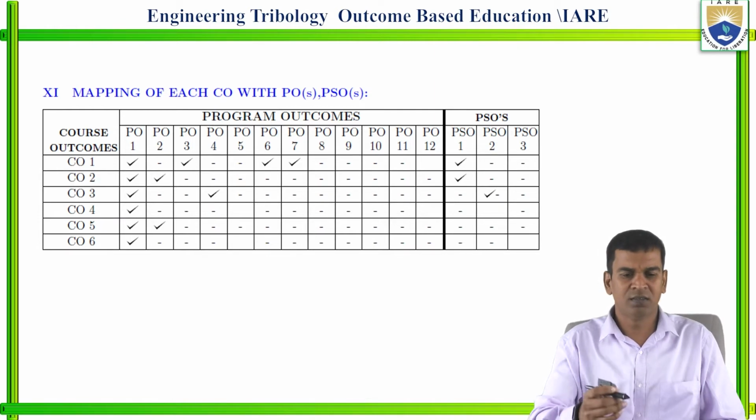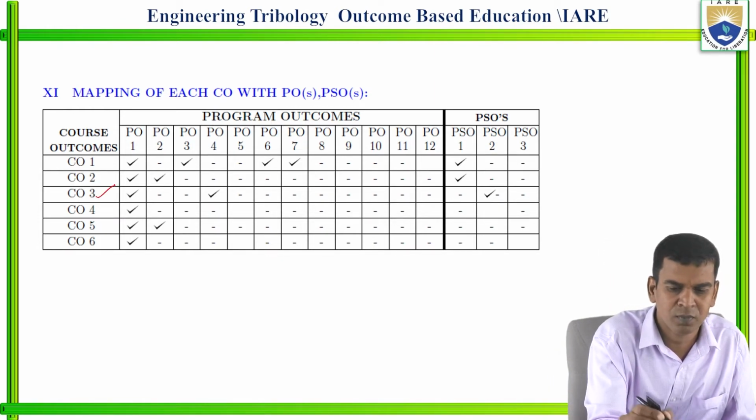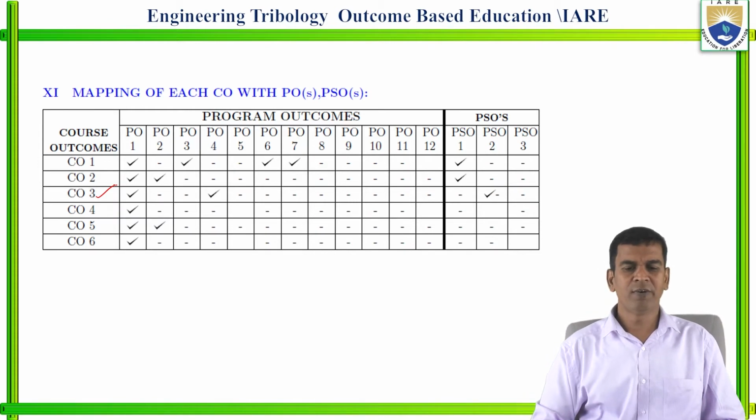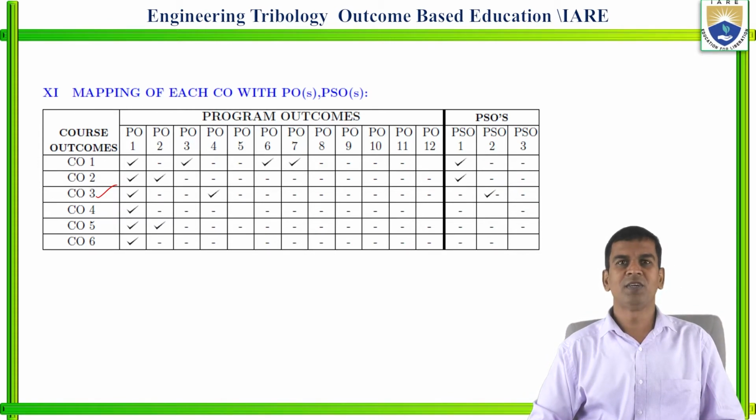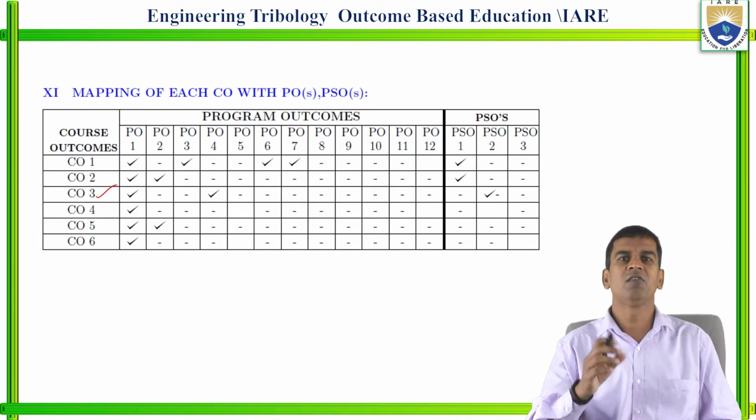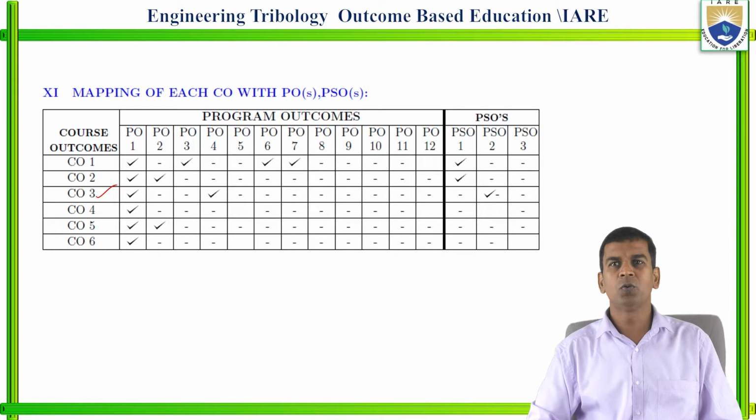Similarly, CO3 is mapped to PO1, PO4 and PSO2. Similarly, CO5 is mapped to PO1 and PO2, and CO6 is mapped to PO1 only.